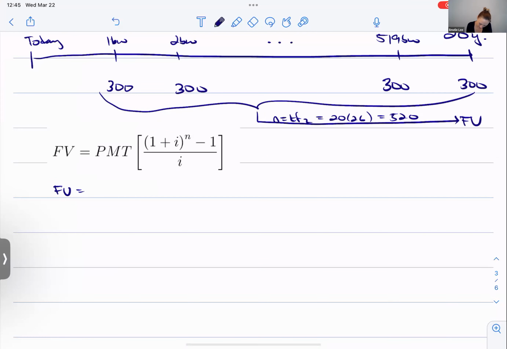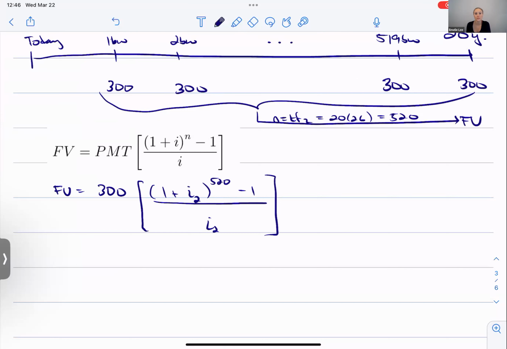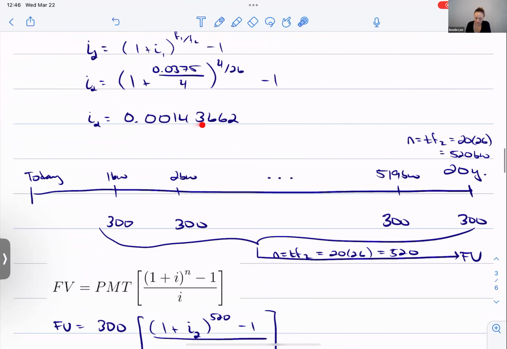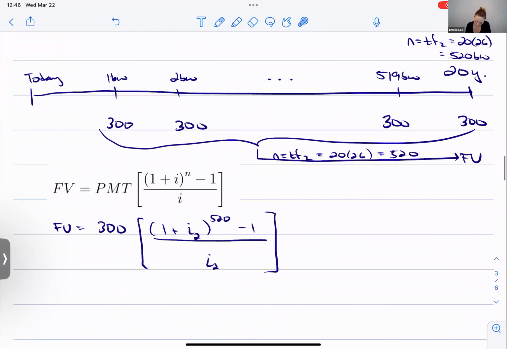The future value is $300 times 1 plus I2 to the power of 520, then minus 1 divided by I2. I say I2 because I already calculated it up here. So that's fine. If you want to write it all out, that's okay, I guess.